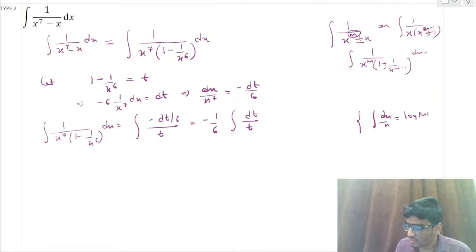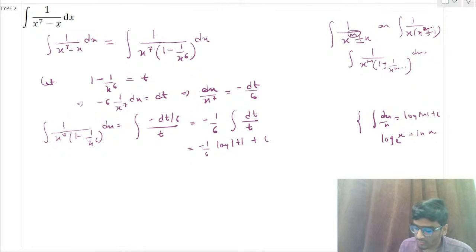We know the integration of dx upon x is log of mod x plus c. Here log is nothing but the natural log, meaning we are talking about base e. So this integration becomes 1 upon 6 log of mod t plus c.